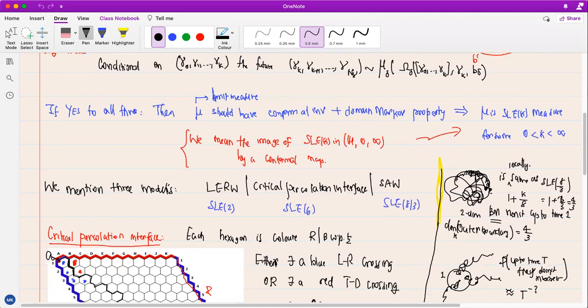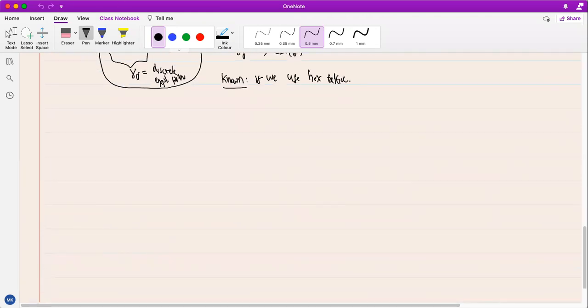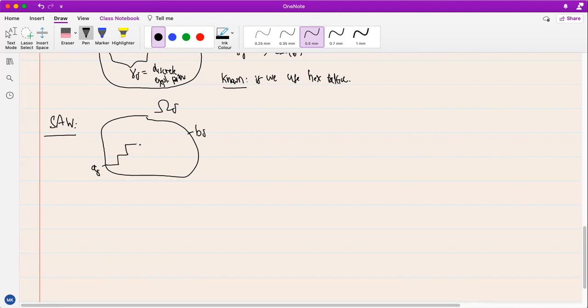In loop-erased random walk and self-avoiding walk, there are paths, so let me just quickly introduce them. The self-avoiding walk is still a largely open problem. So here, again, we'll have omega delta and A delta and B delta. This is all a lattice domain. So let's say we have used delta Z2 for simplicity here.